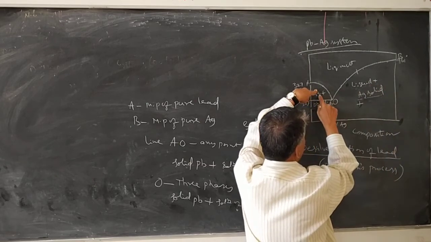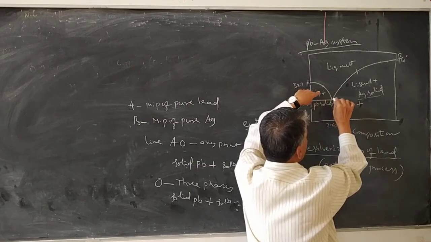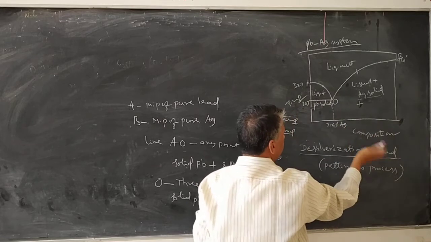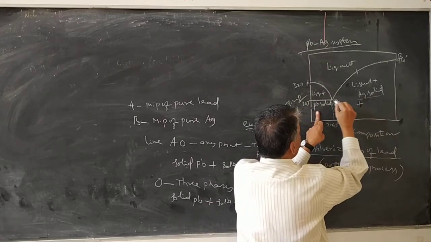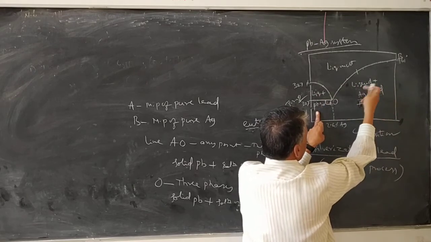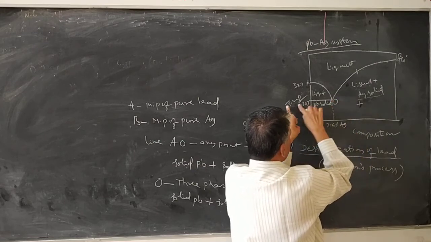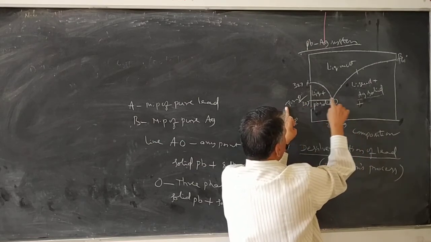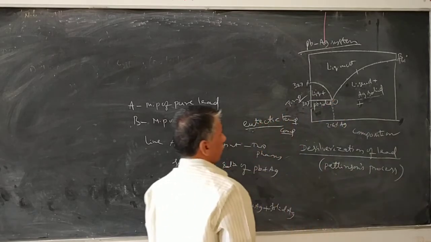Here also the liquid means the solution of silver and lead. And at this point, I told you already, there will be three phases: solid lead, solid silver, plus solution of silver in lead. So this is the minimum temperature and minimum composition. This is called eutectic temperature. This is called eutectic composition.